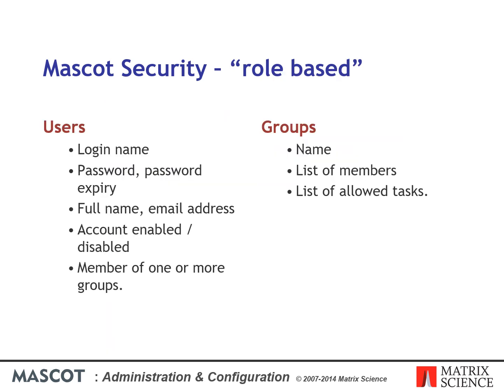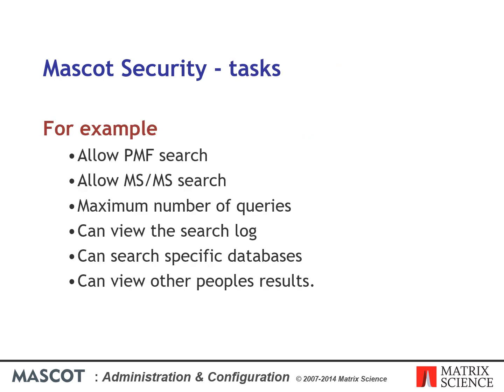Mascot Security is role-based. This means that privileges, known as tasks, are assigned to groups, not individual users. Users gain these privileges by being members of one or more groups. There are 30 different tasks that members of a group can be allowed to perform.